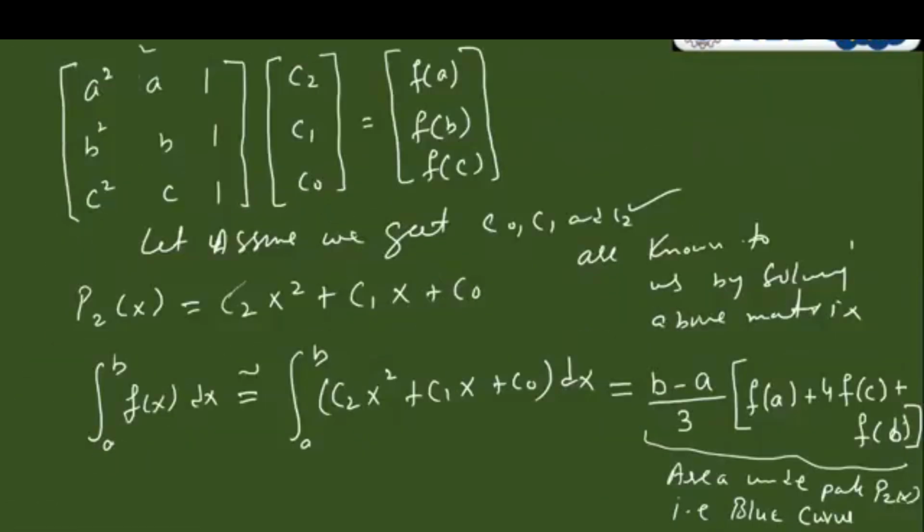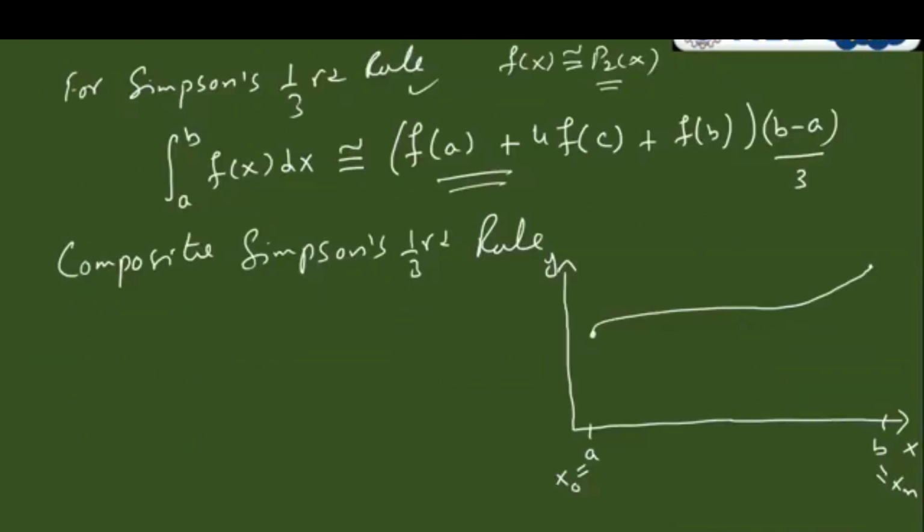Capital N represents the number of intervals. This is in our hands, how many intervals we want. And h, which is the width of the interval, is equal to the upper limit minus the lower limit divided by the number of intervals.